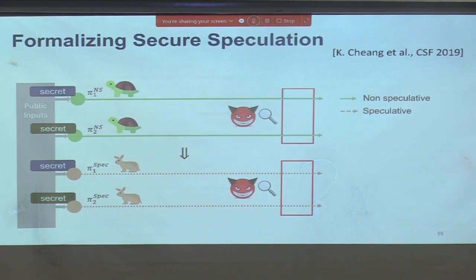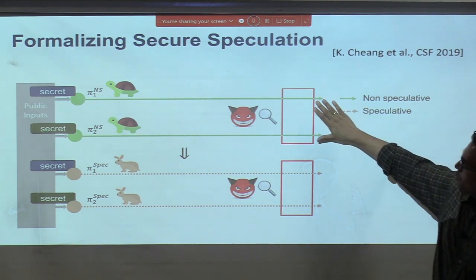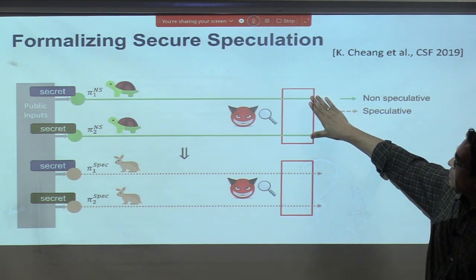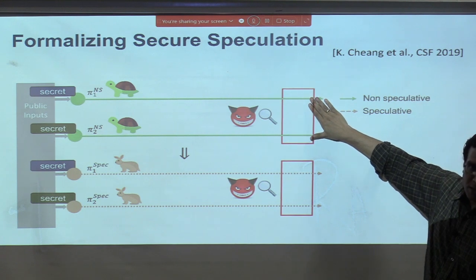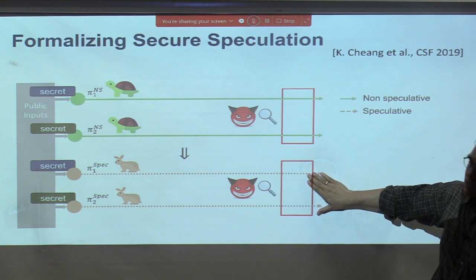Okay, so the secure speculation property basically says that if there was no information leak when there was no speculative execution, then there must be no information leak even when speculative execution is turned on. Okay, that's what the property states. If there is no information leakage to the adversary without speculative execution, then there is no information leakage with speculative execution.